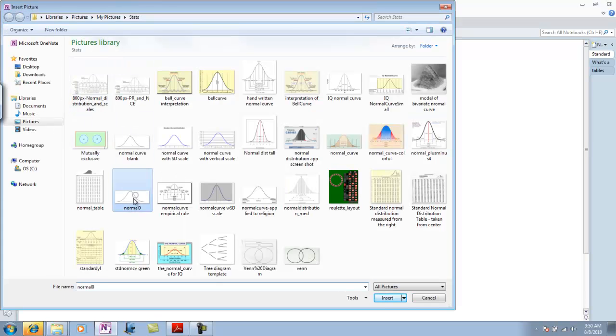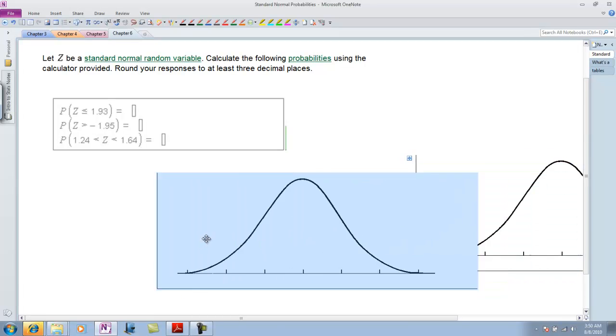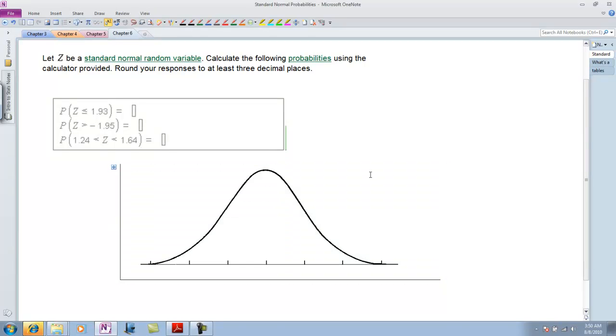I see a normal distribution, and on that normal distribution I see 0 here. This is the mean. I see 1, standard deviation is right there. I see 2 is there. So 1.93 would be right about there. It would be very close to that. So I'll call this 1.93.